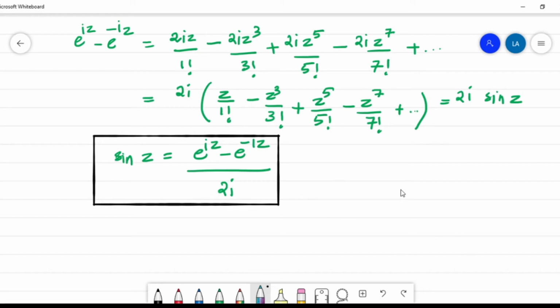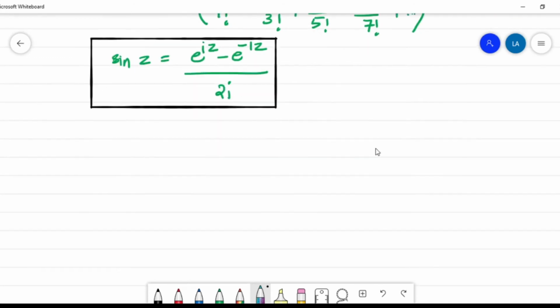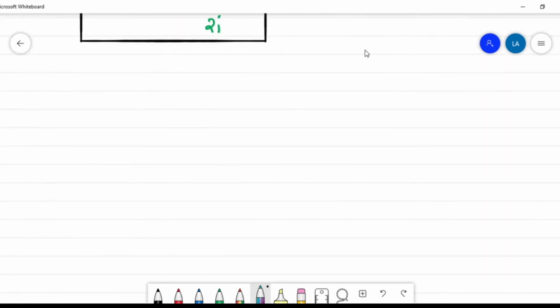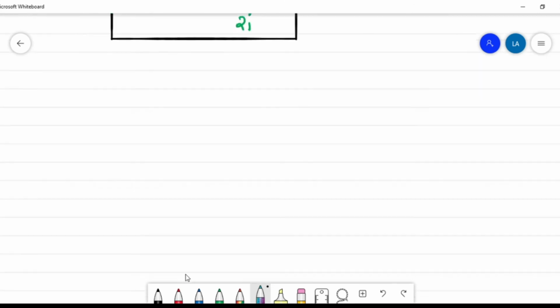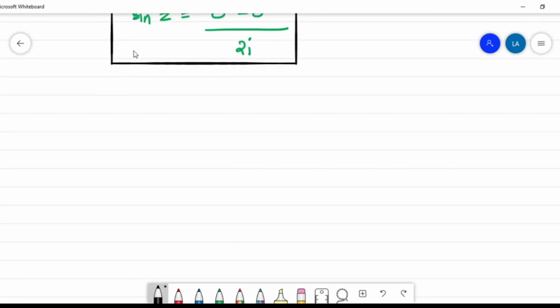Now the next property is something similar to the famous property in the real sense, which is cos square z plus sin square z is equal to 1.